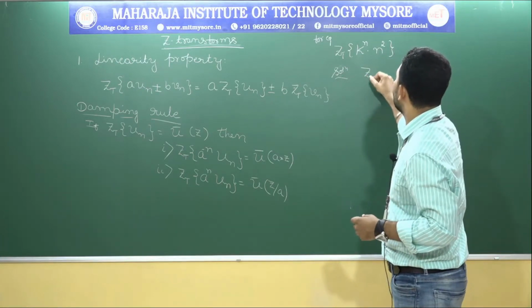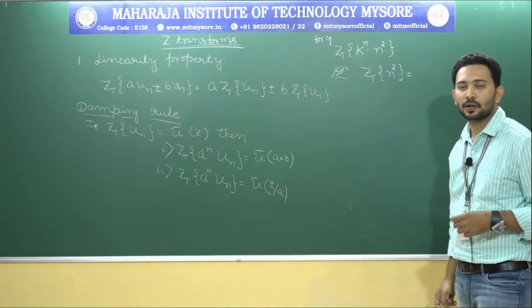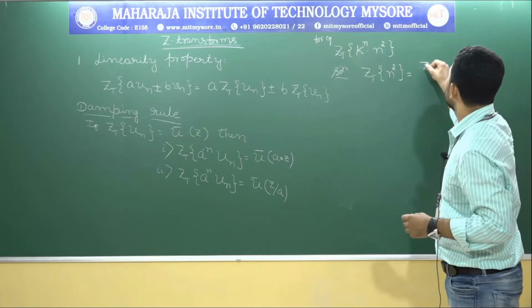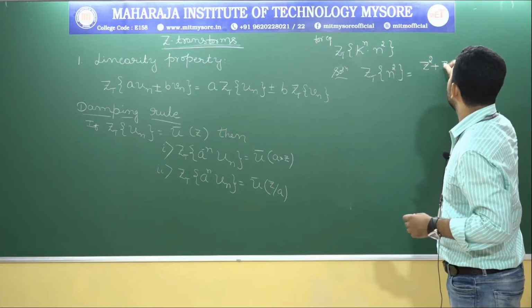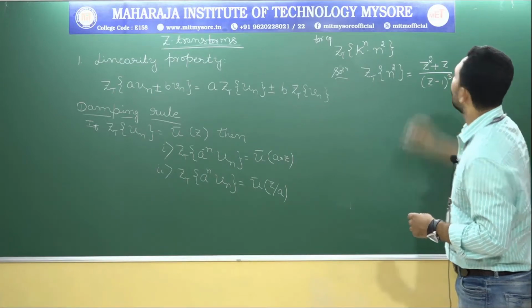First we need to write Z transformation of n square. What is Z transformation of n square? It is z square plus z divided by z minus 1 whole cube.